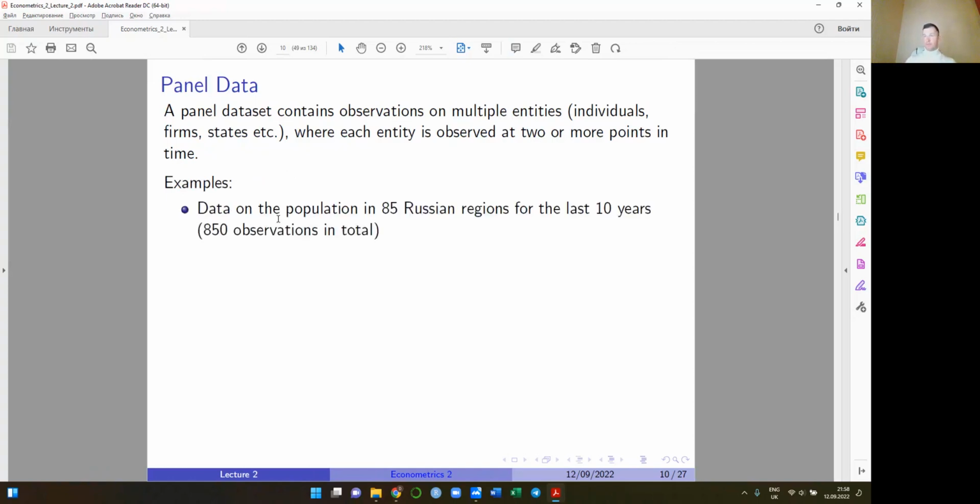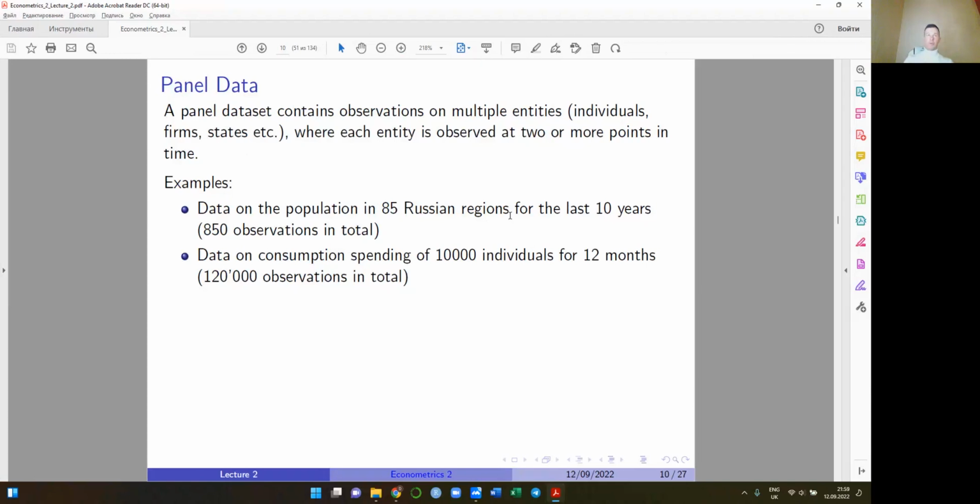For example, we can observe data on the population in 85 Russian regions for the last 10 years. Every region is a single entity, and for each entity we observe one variable, the population, over 10 years. We introduce this time dimension to the data.